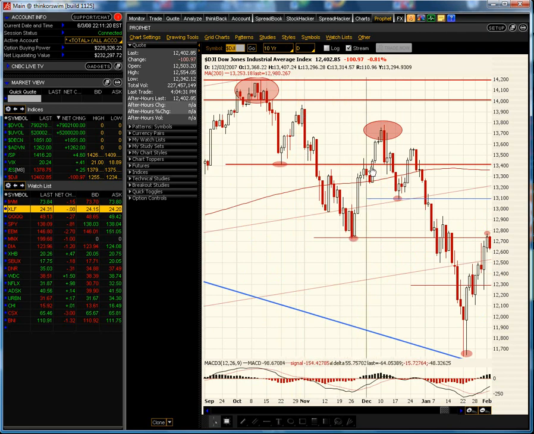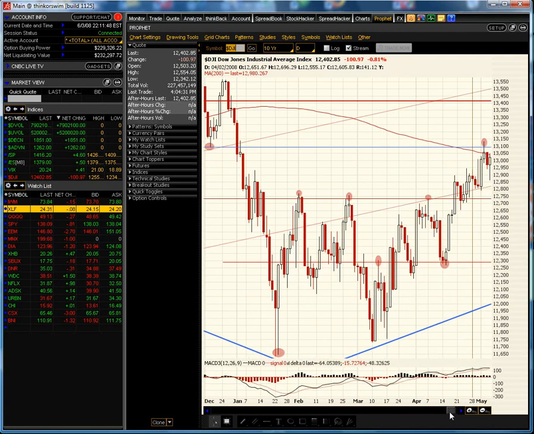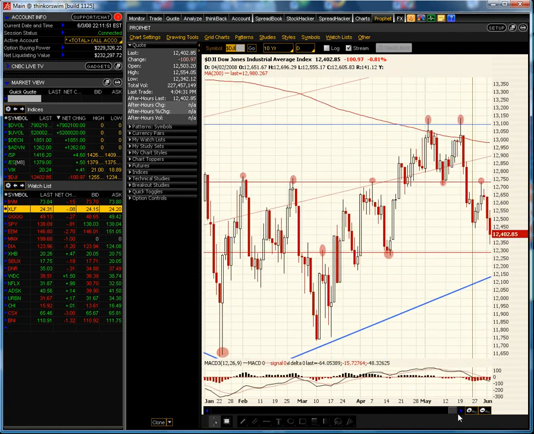It hit a point and bounced dramatically higher. That's what I'm looking for. I'm not looking for just about any point. I'm looking for those points in which the market has hit and there was a significant sell-off afterwards, or a point where the market had hit and there was an increase in prices dramatically afterwards. Those are the only points I'm really interested in.